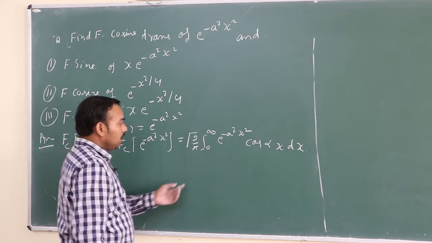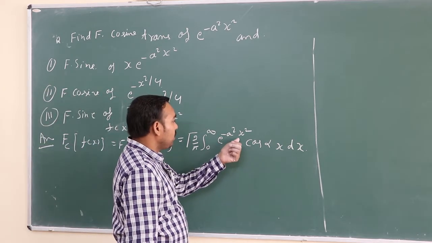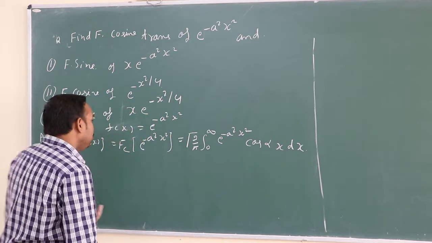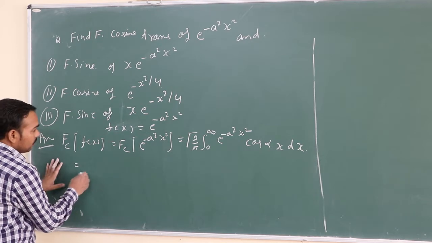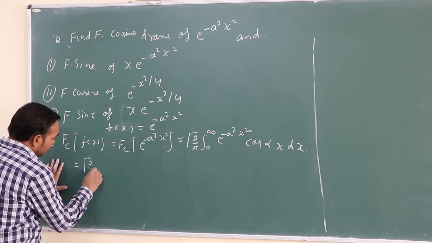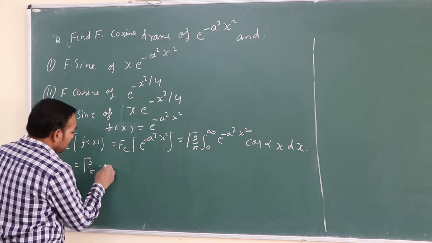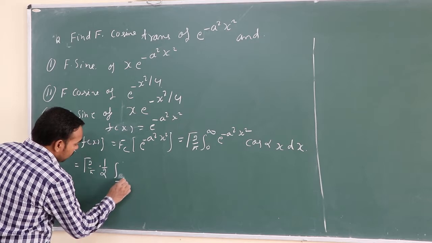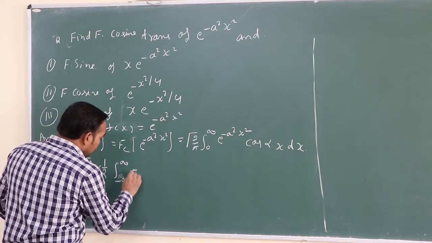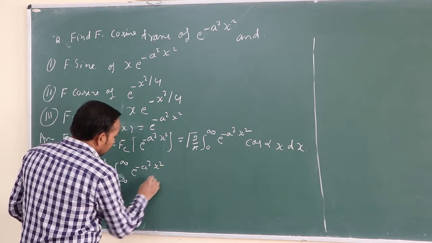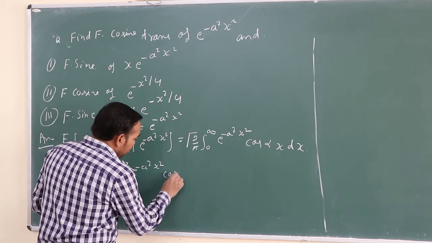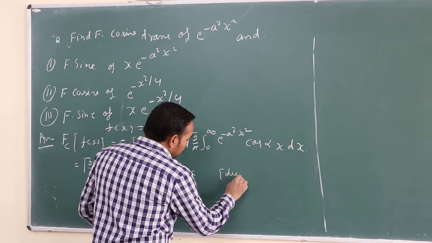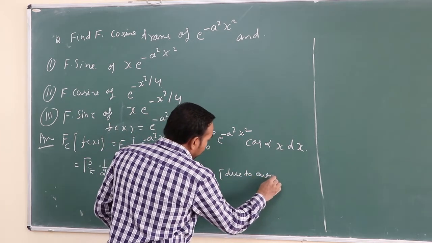You can see here e to the power minus a square x square is an even function and cos alpha x is also an even function. So this can be written as under root 2 upon pi into 1 upon 2, integral from minus infinity to plus infinity of e to the power minus a square x square cos alpha x, due to the even function.